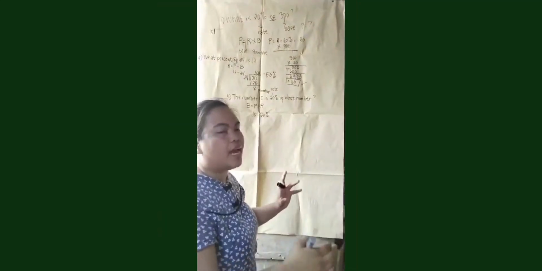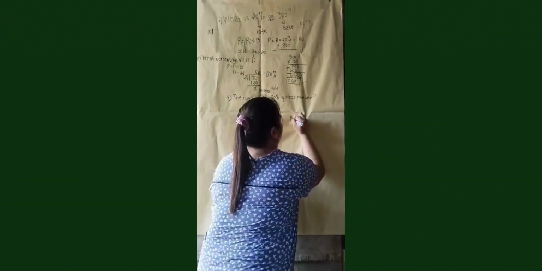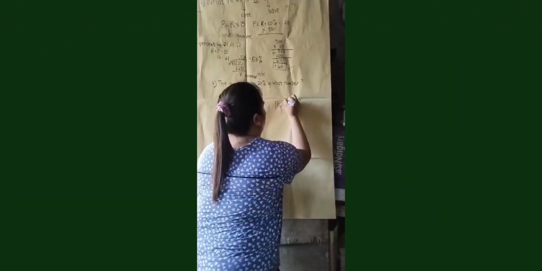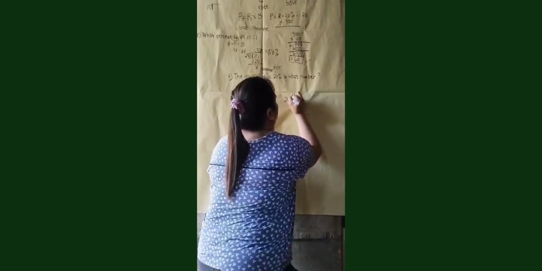So of course, dili man pwede na mag-divide ta na naay percent. So we're going to change the percent into the decimal. So 15 divided by the 20.